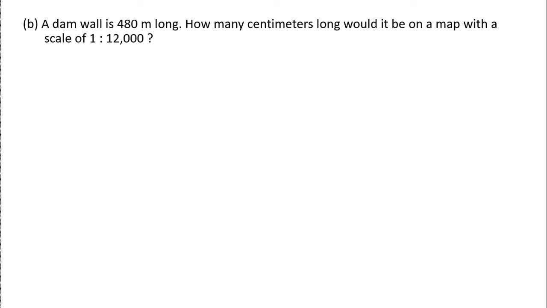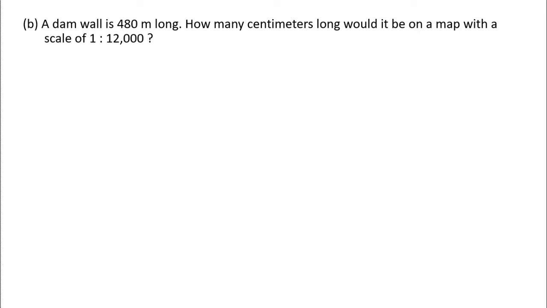Now, let's take a look at this second example. A dam wall is 480 meters long. How many centimeters long would it be on a map with a scale of 1 to 12,000? Usually we use centimeters on a map, but sometimes we use millimeters. The commonly used unit is centimeters.